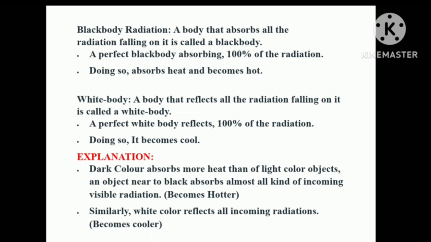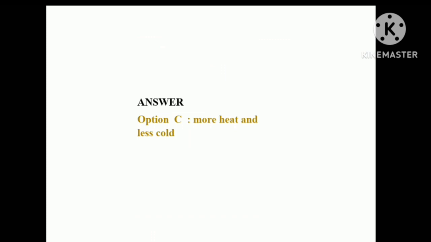Dark color absorbs more heat than light color objects. An object near to black absorbs almost all kinds of incoming visible radiation. Similarly, white color reflects all incoming radiation. Hence, it becomes cool. The correct answer is option C, more heat and less cold.